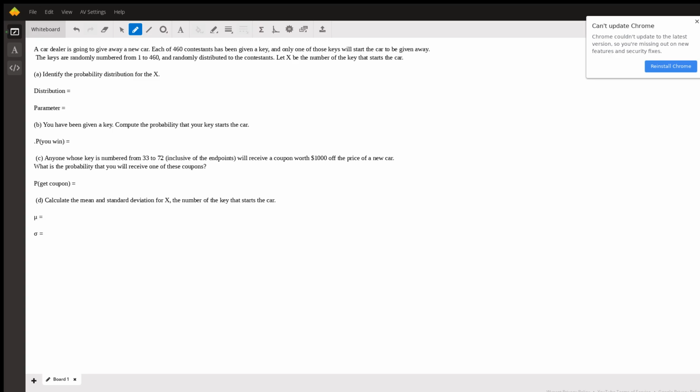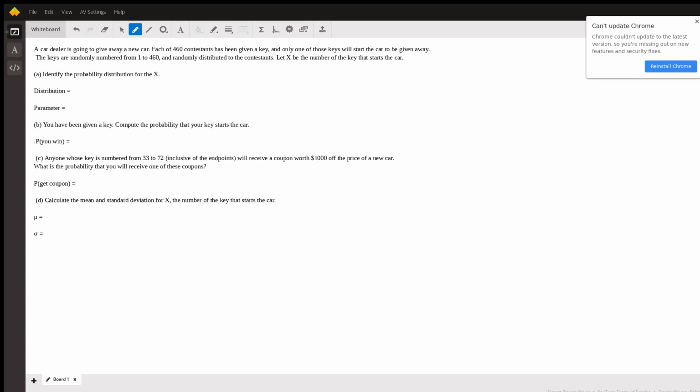So we have 460 keys. One of them will start the car, and that's the one that's the winner. And the probability that a certain person wins the car is equally likely for each key that's given out.